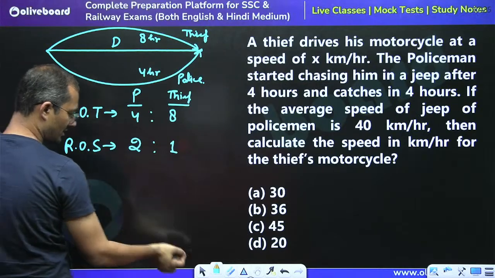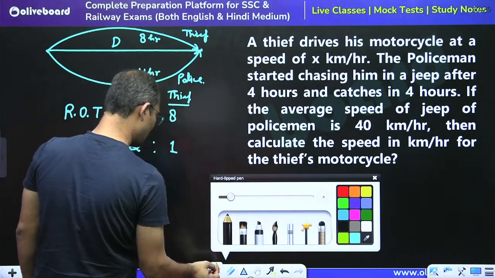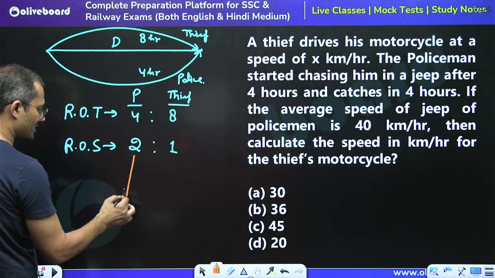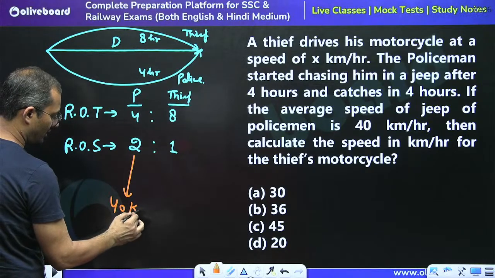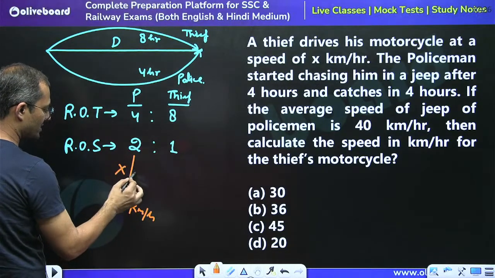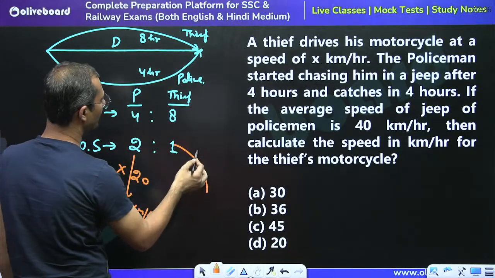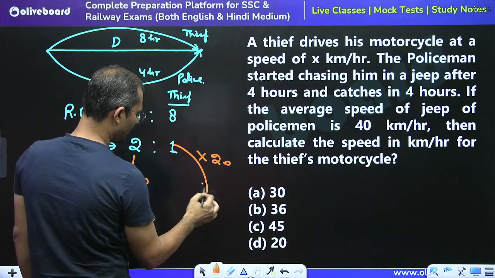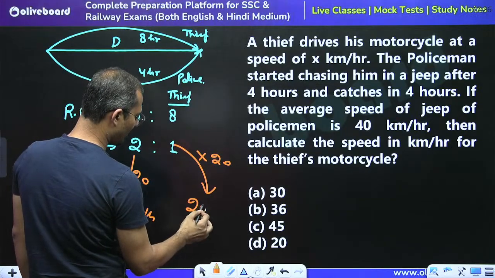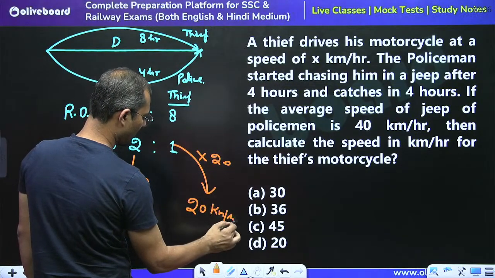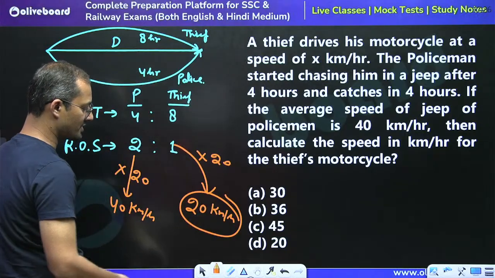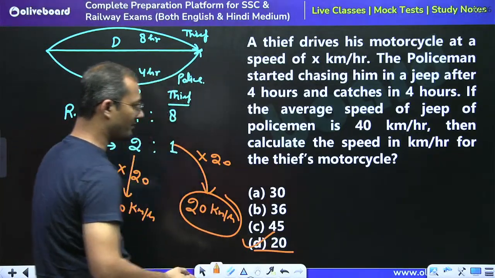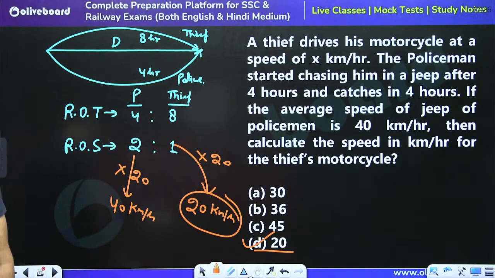We are given the speed of the policeman, so 2 units is equal to 40 km/h, so 1 unit is 20 km/h. So the speed of the thief's motorcycle is 20 km/h. D part is the right answer.